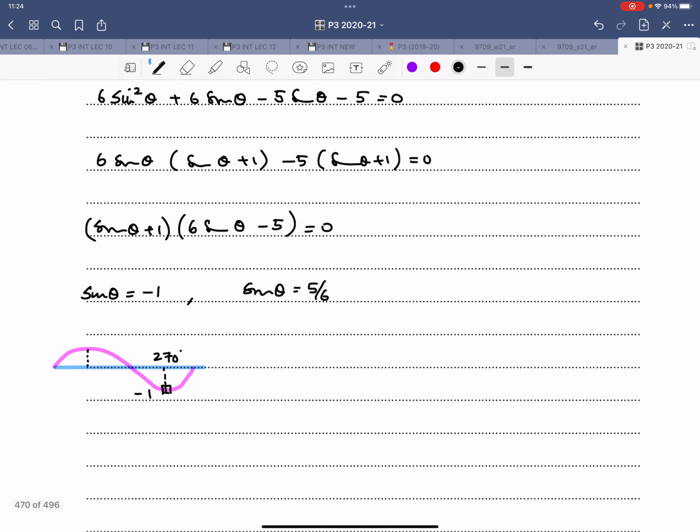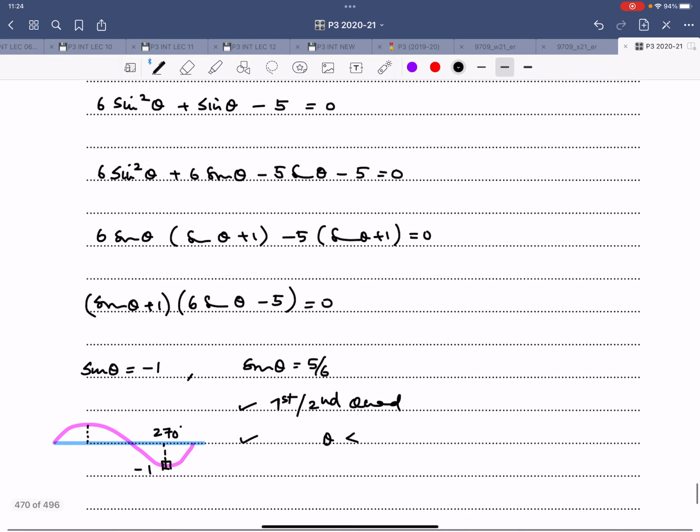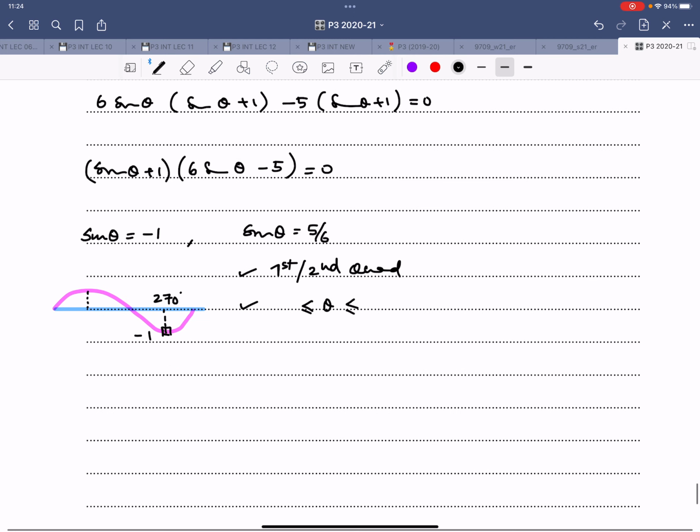Over here, that's a 4-step process. Sine is positive in the first and second quadrant, and theta lies between 0 till 360 inclusive. And then sine of alpha, the basic angle, is 5 over 6. Therefore alpha, correct to 1 decimal place, is 56.4 degrees.